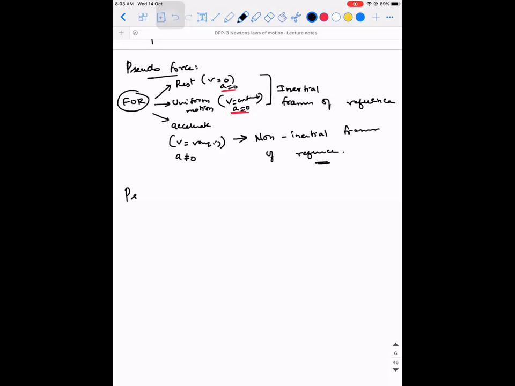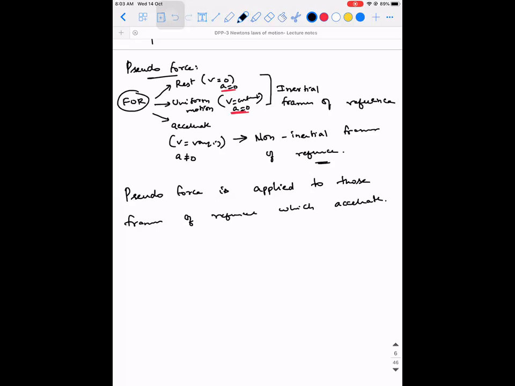So, pseudo force is applied to those frames of reference which accelerate, because Newton's laws are mostly applicable only for inertial frames of reference.